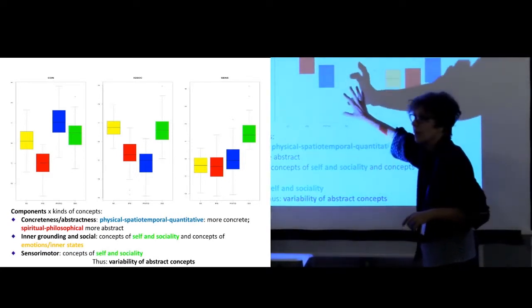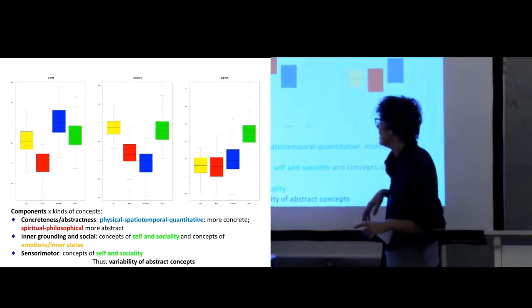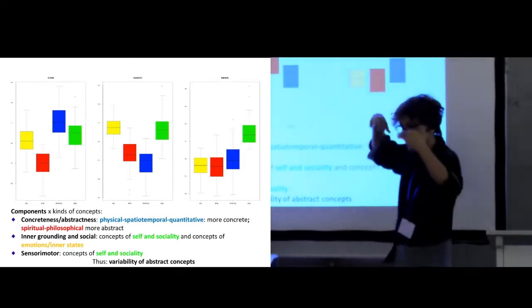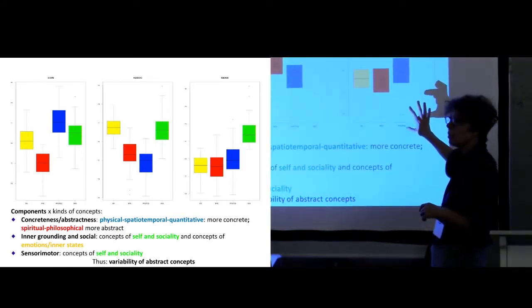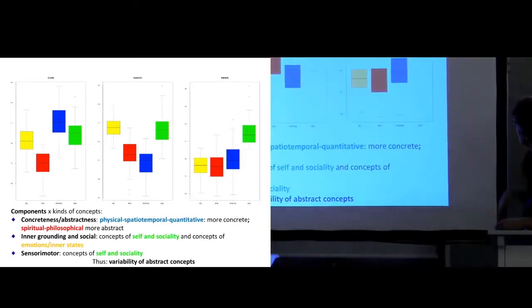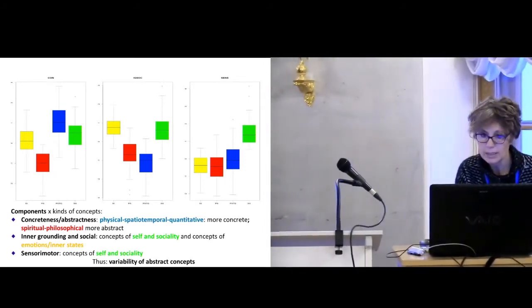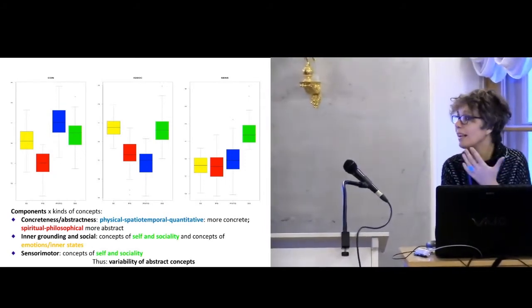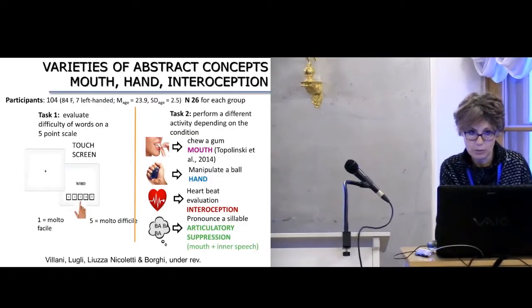Inner grounding and social elements: you can see that self and sociality elements and emotional inner states are very relevant compared to the other. And if we consider sensory motor aspects, the group of self and sociality has a particular role. So to say, there are different kinds of abstract concepts that differently activate these different components.